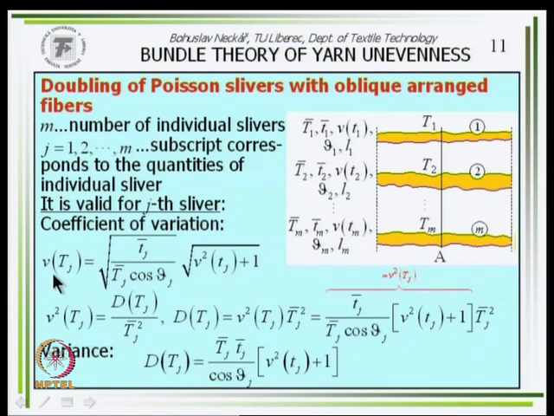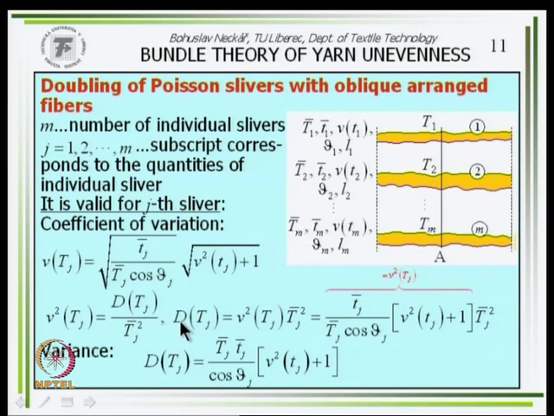So we can formulate the coefficient of variation of local sliver fineness of a general j-th sliver, j from 1 to m. It is our known equation, nevertheless with subscripts j. Here is subscript j here as well as here, because it is the j-th sliver. The square of VTj is this here, evidently.